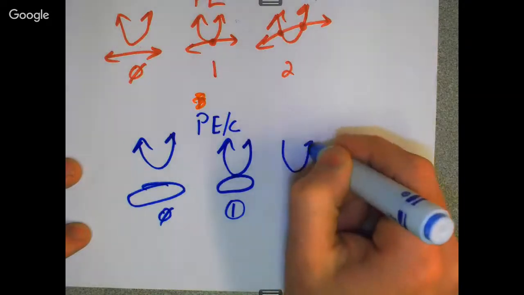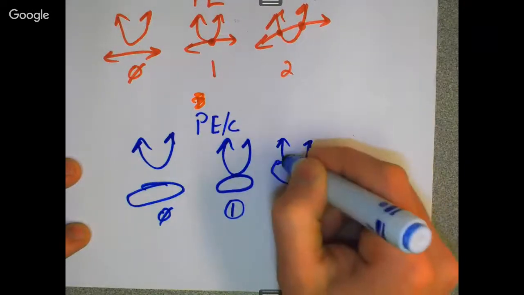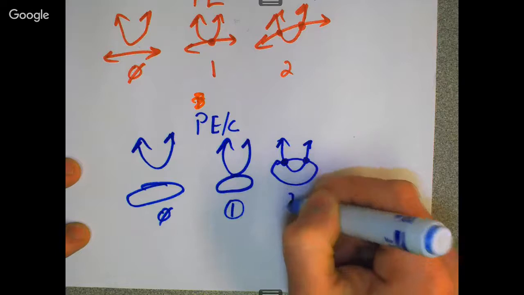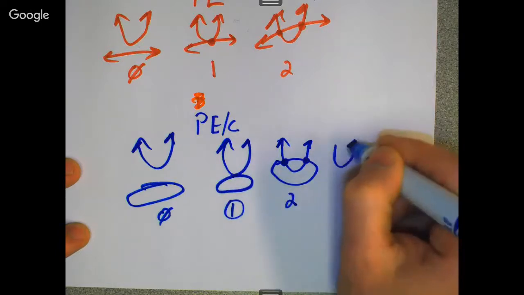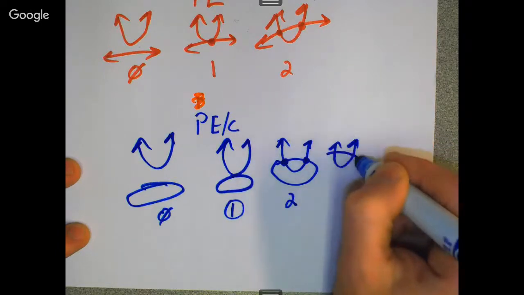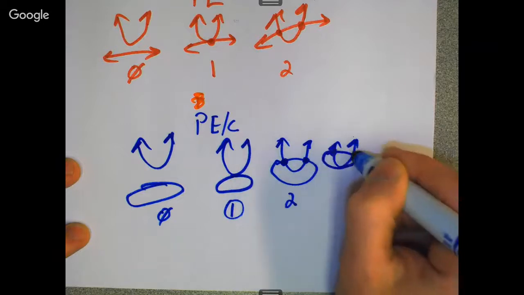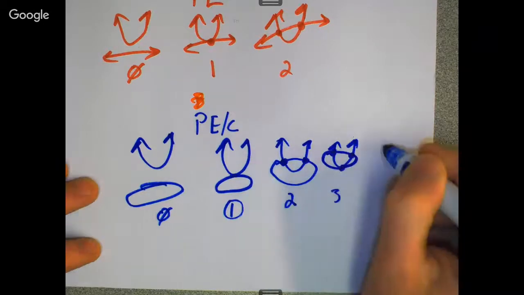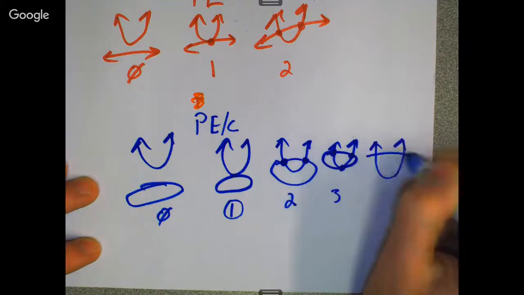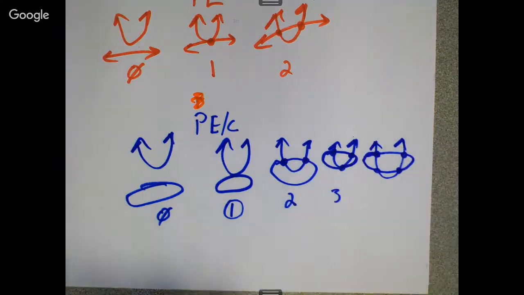They can intersect twice, so 2 solutions. They might intersect 3 times, so 1, 2, 3. And then they could definitely intersect 4 separate times. We're going to be looking for these types of solutions.